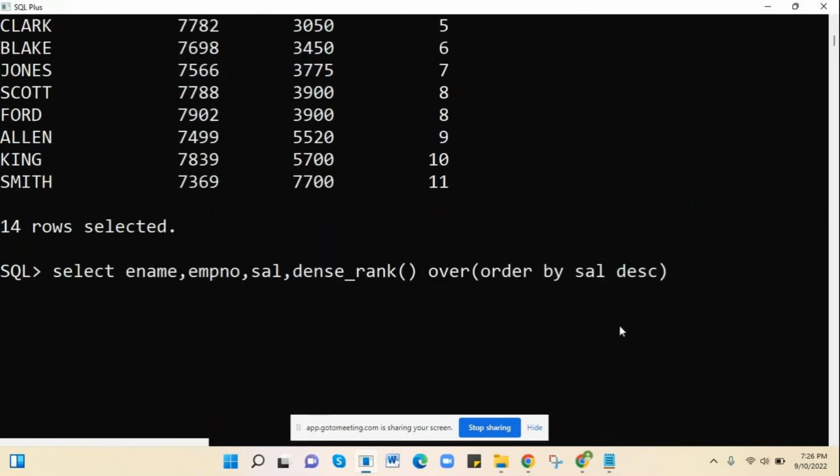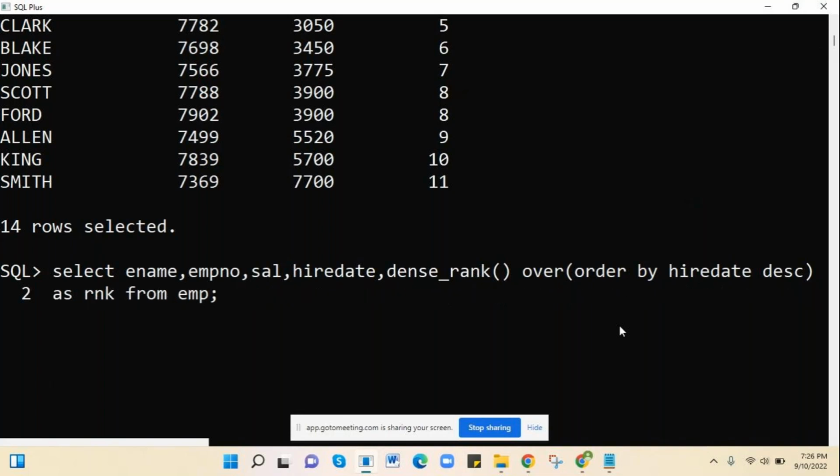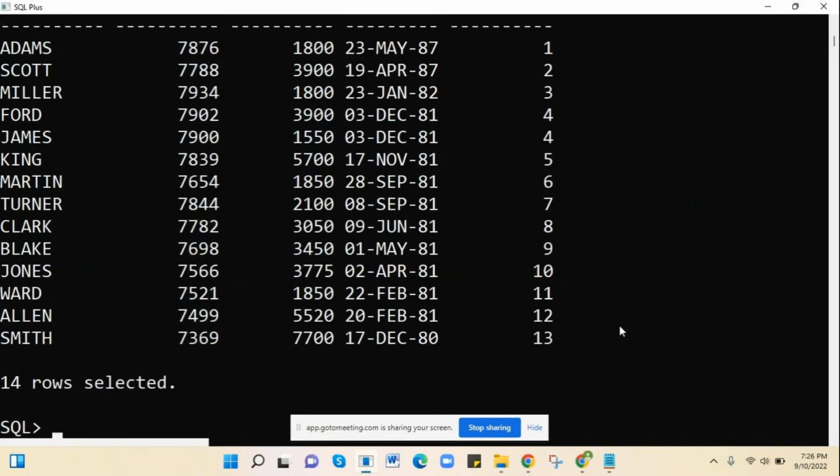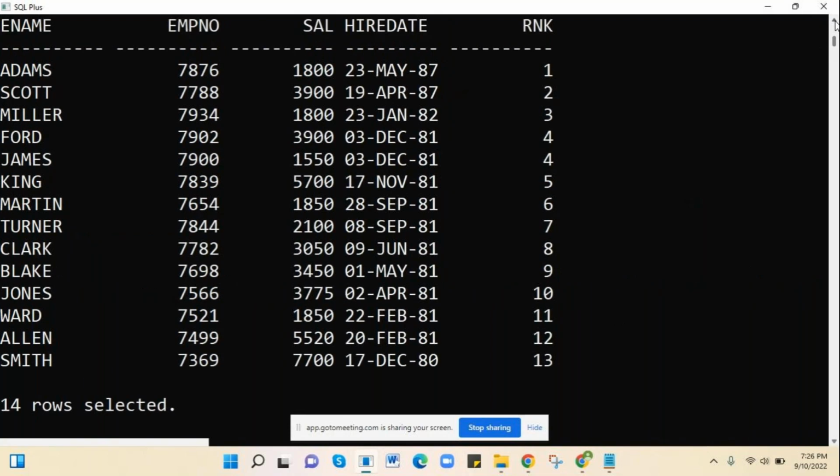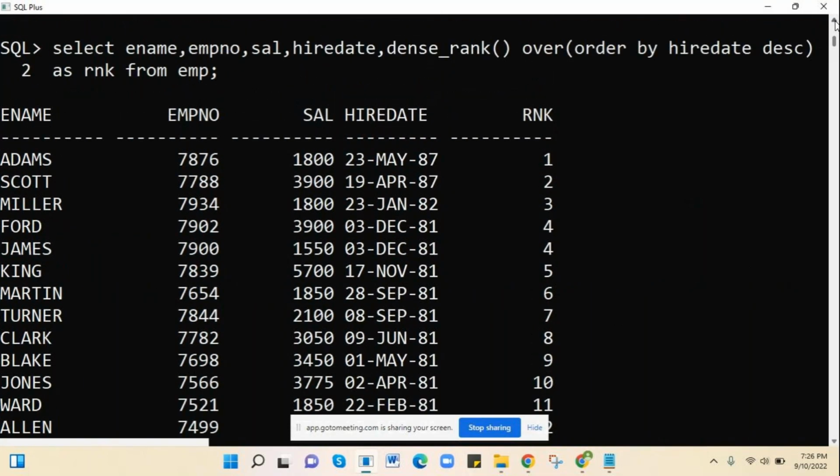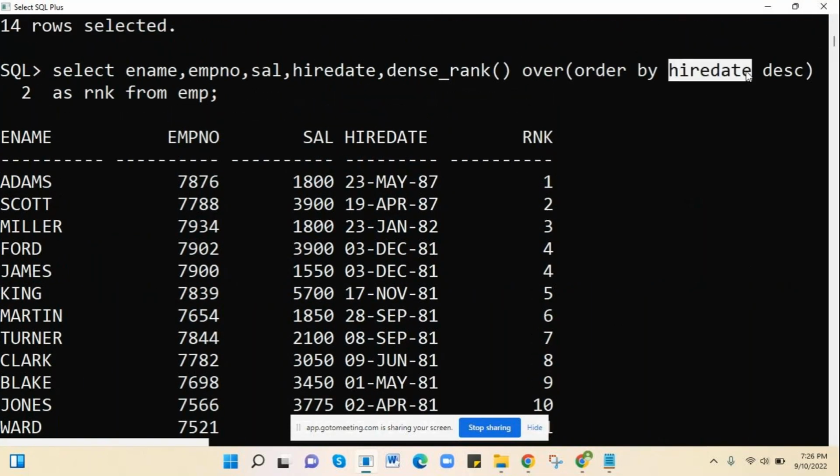For example, hire date. I want to arrange according to hire date. Order by hire date. It is not arranged according to salary, but according to hire date.